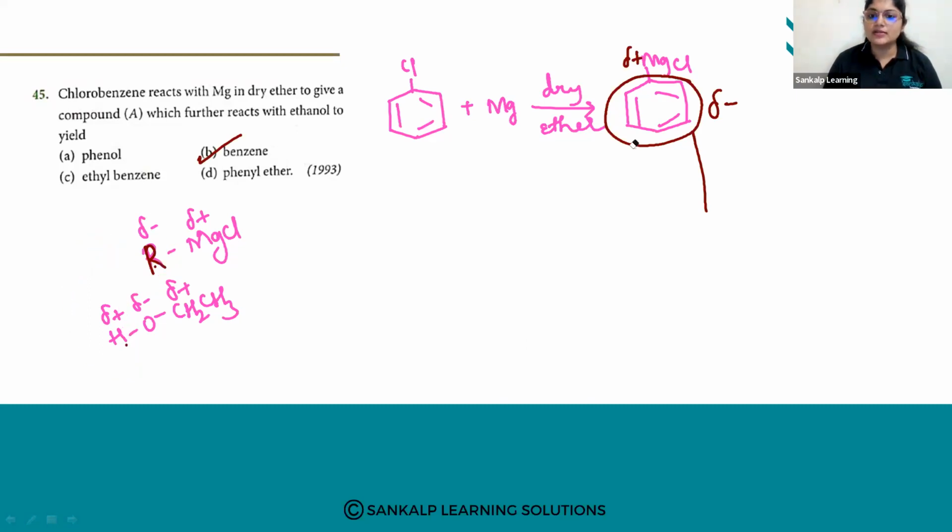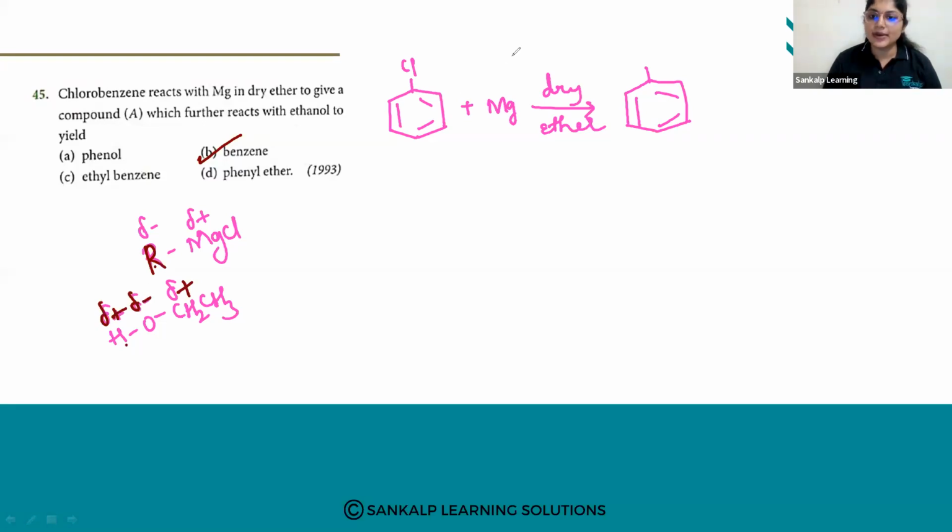So you can see here that R will be negative and this will be positive. When you are talking about ethanol, CH3CH2OH, the CH3CH2 will have a partial positive charge, this will have a negative charge, and this will have a positive charge.